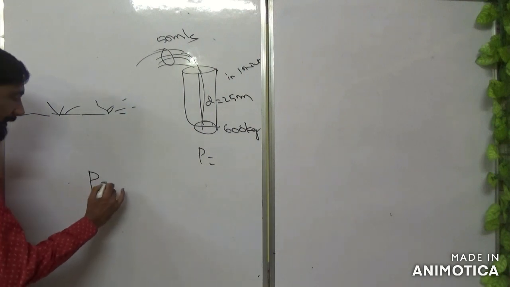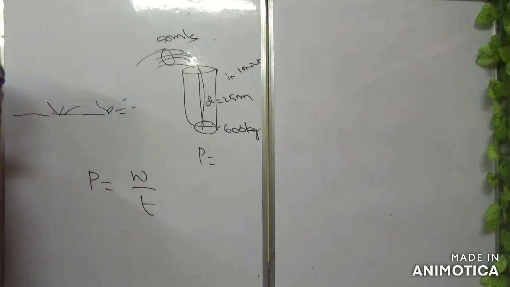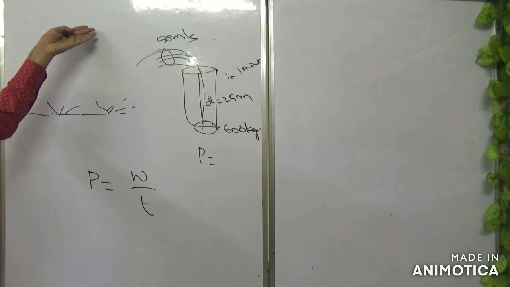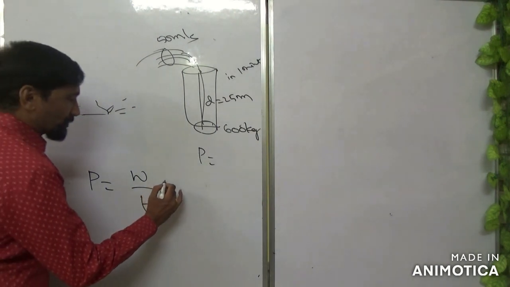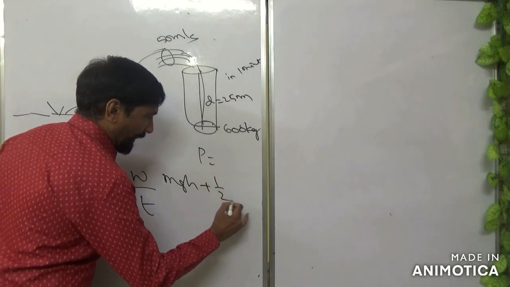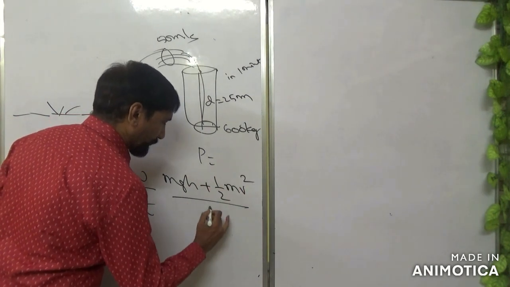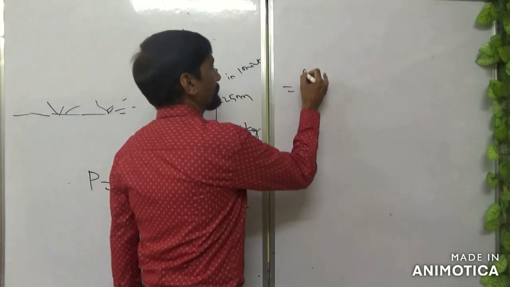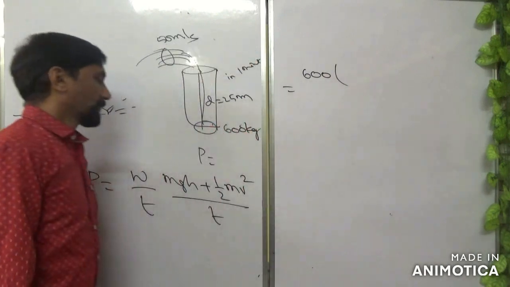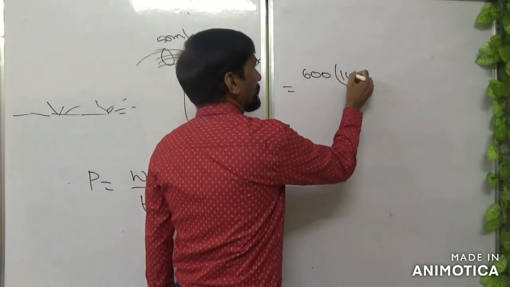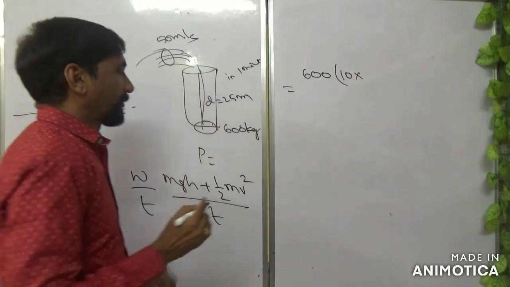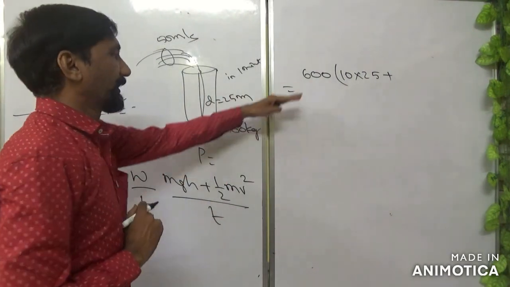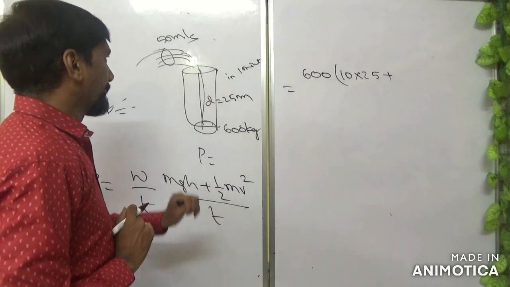You know, power is equal to work done by time taken. Now in this case, water is lifted from a well, at the same time it is also rejected. That means it requires both potential and kinetic. So mass 600 kg, into gravity, acceleration due to gravity 10, height 25 meter, plus mass, you have taken already common, v square by 2.